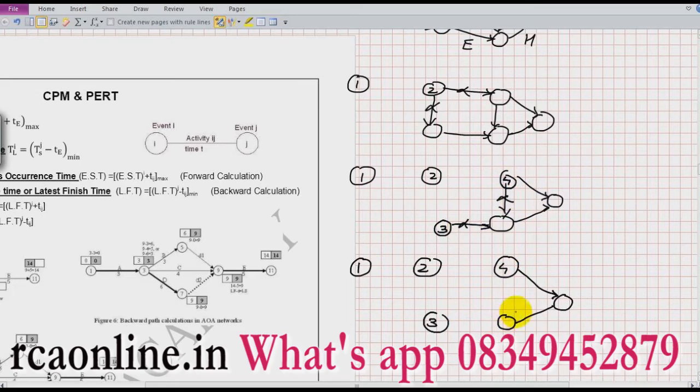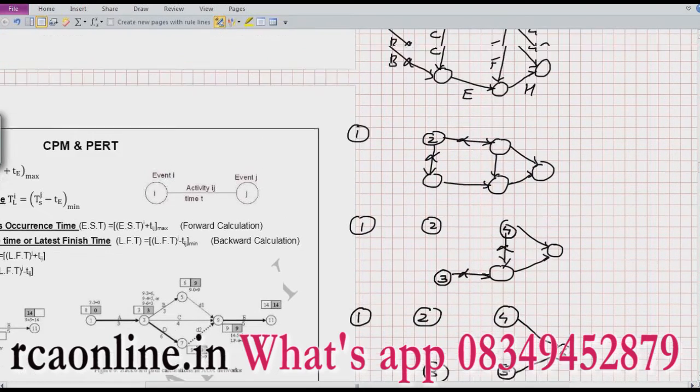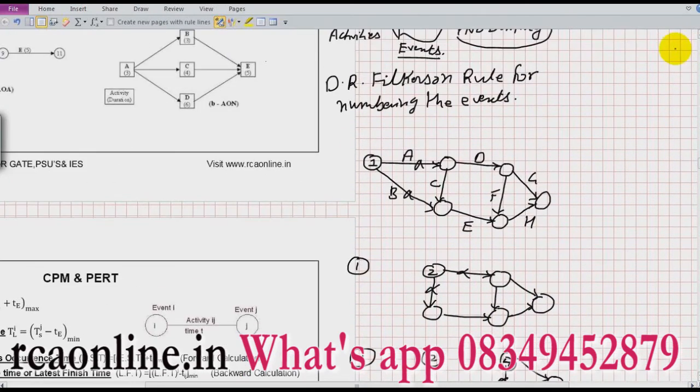So this becomes again the event with 0 arrow getting into it. So this becomes 5 and this becomes 6. So this is the method of writing the number on the network. This method is very popular and known as Dr. Fulkerson rule.